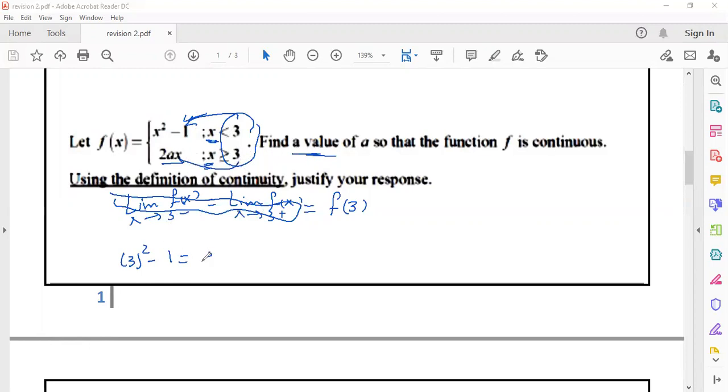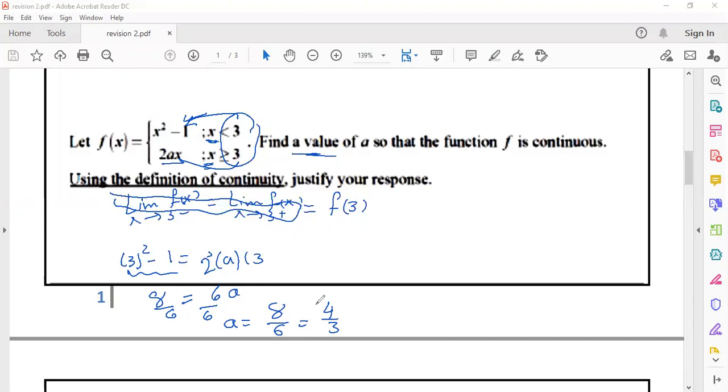It will be 2 multiplied by a multiplied by 3. This one, 9 minus 1, will be 8, equal to 2 multiplied by 3, which is 6a. Solving this equation, divide by 6 on both sides, implies a equals 8 over 6, which equals 4 over 3 in the simplest form.